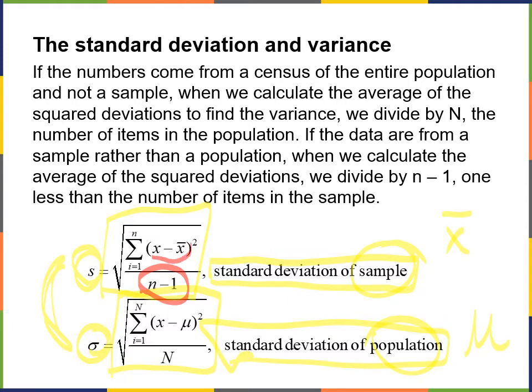This is the deviation of each data value from the mean, just using x bar instead of mu. We square those deviations, we add them all up, we divide by n minus 1. That calculation inside the square root is your variance. And then the square root is to undo the square, and that's going to be our standard deviation. But we divide by n minus 1 in a sample.